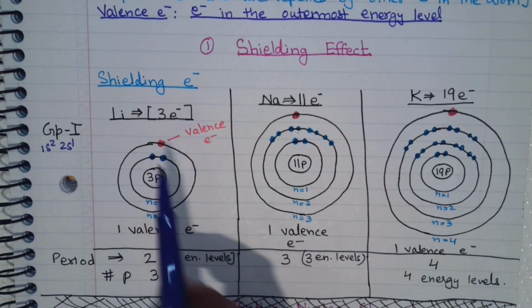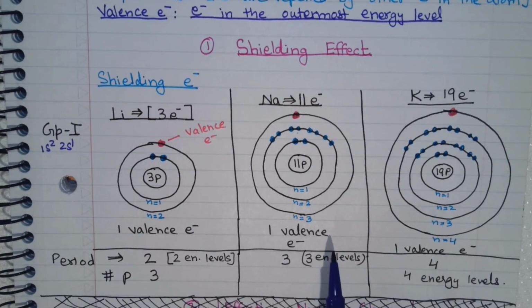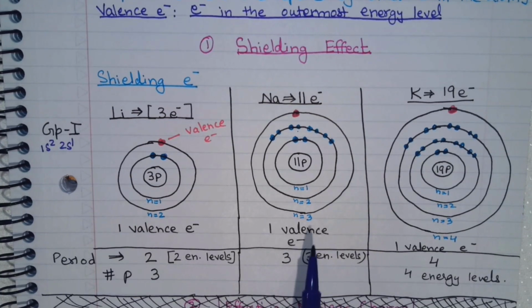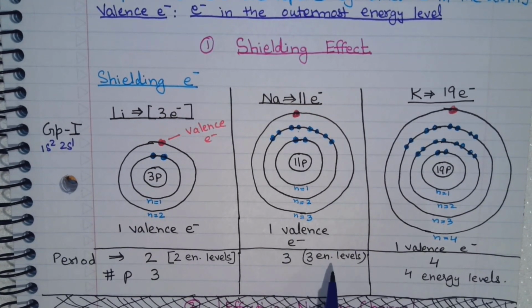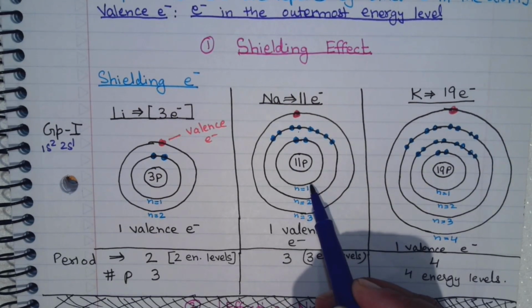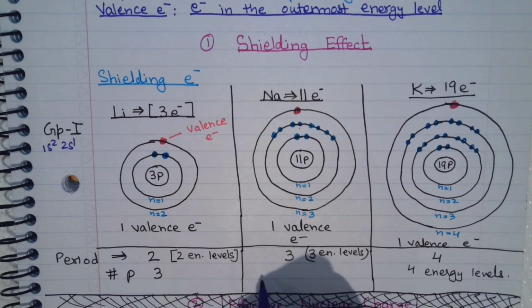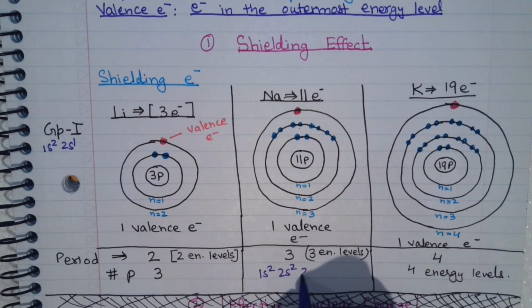With one valence electron. Now let's draw the diagram for sodium. Sodium is in the third period, so it has 3 energy levels, n equals 1, 2 and 3. The configuration of sodium is 1s2, 2s2, 2p6, 3s1.